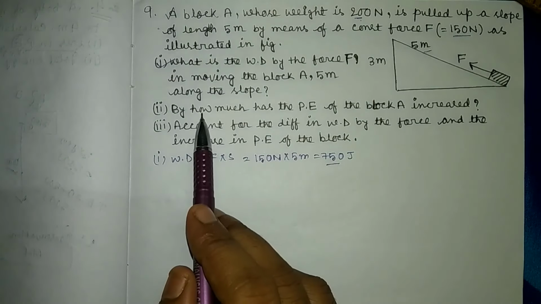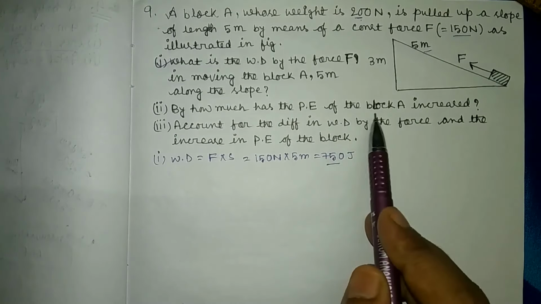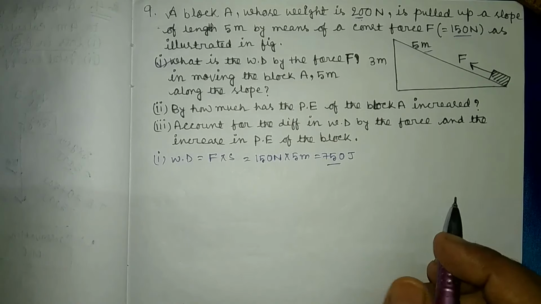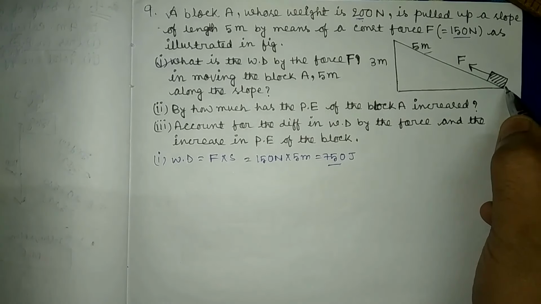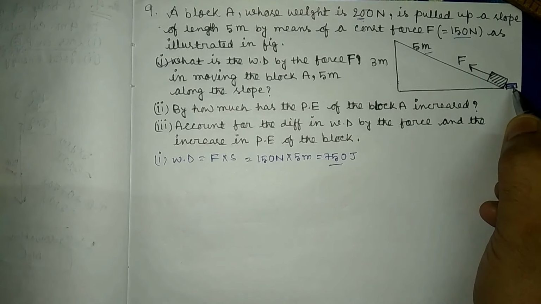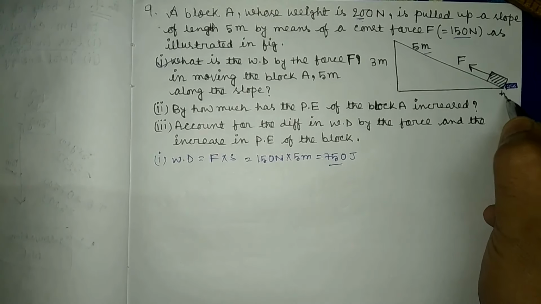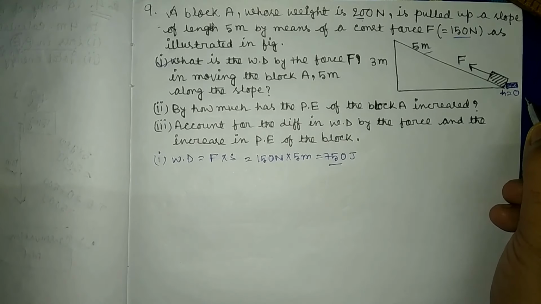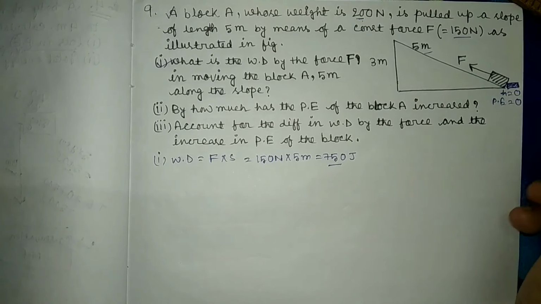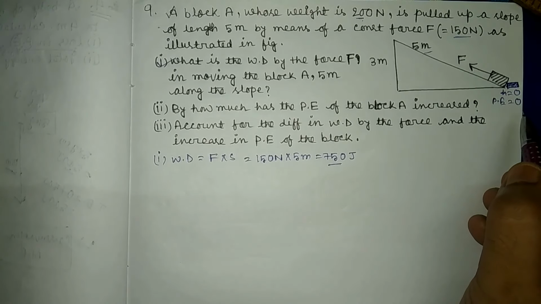For part 2, the question is, by how much has the potential energy of the block A increased? Guys, if the block is here, then height h equals 0 and the potential energy will also equal 0 because potential energy equals mgh.